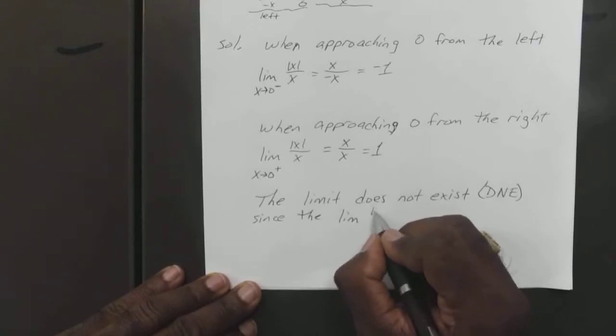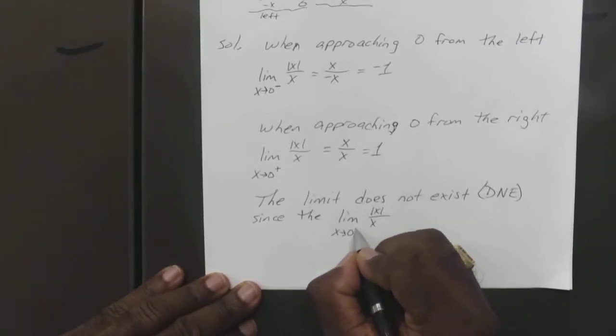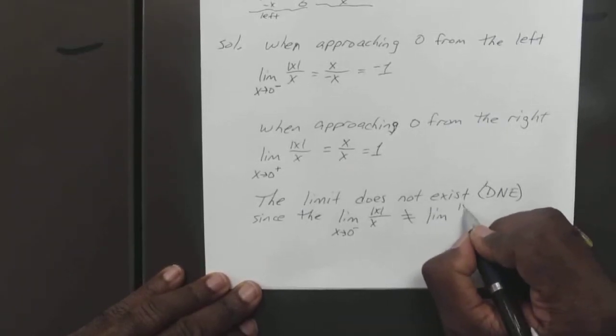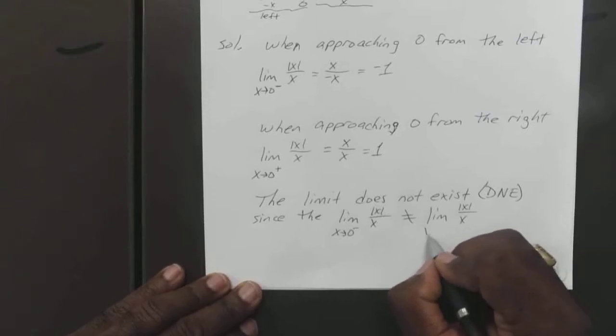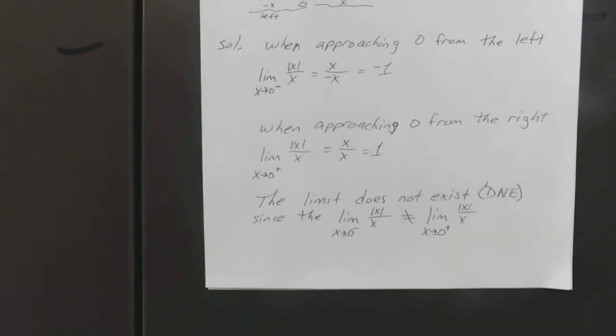So the limit of absolute value of x over x as x approaches 0 from the left does not equal the limit of absolute value of x over x as x approaches 0 from the right. Okay. Now, if they were equal, then they would have the same limit.